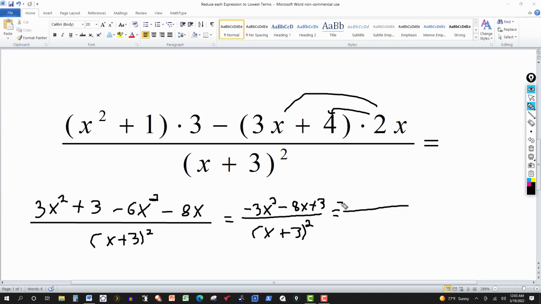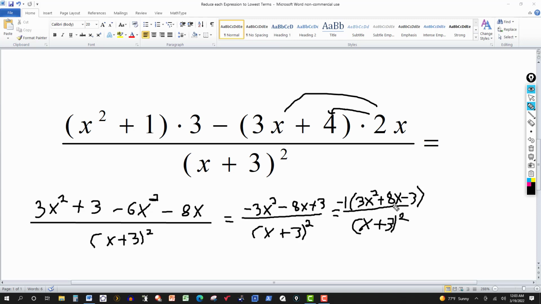That'll leave me with 3x squared plus 8x, and then the plus 2 becomes a minus 3. Denominator stays the same. So it's x plus 3 quantity squared.